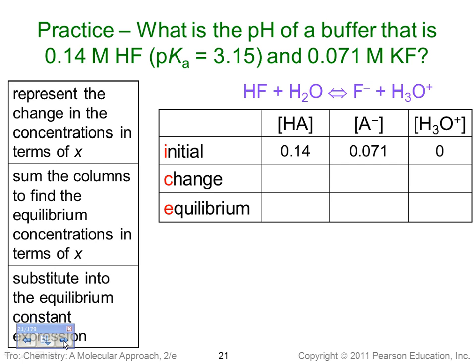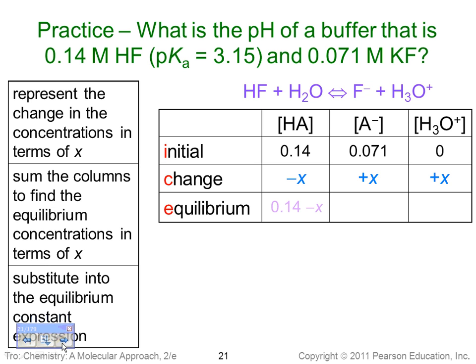Change is still going to be a decrease for the weak acid and an increase for the conjugate base. If I happen to be wrong, it would just mean my sign is wrong at the end; I'll have a negative sign when I'm expecting a plus sign. But wait, if hydronium starts at 0, it can only go up, so I know that has to be plus X. So these have to be the correct signs.